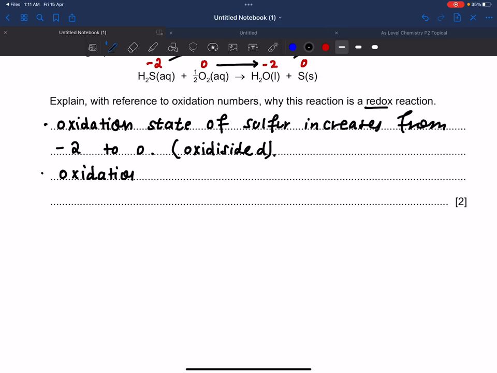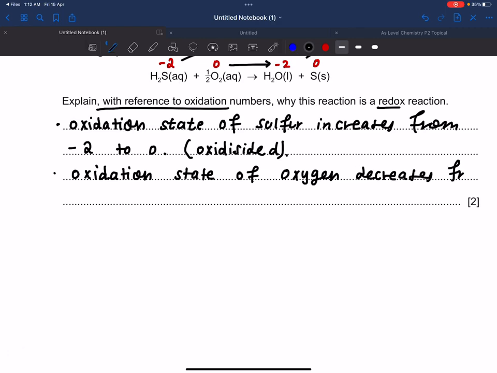You got to put the values in for the oxidation states because it says with reference to oxidation numbers. Oxidation state of oxygen decreases from 0 to -2, which means that it is reduced.